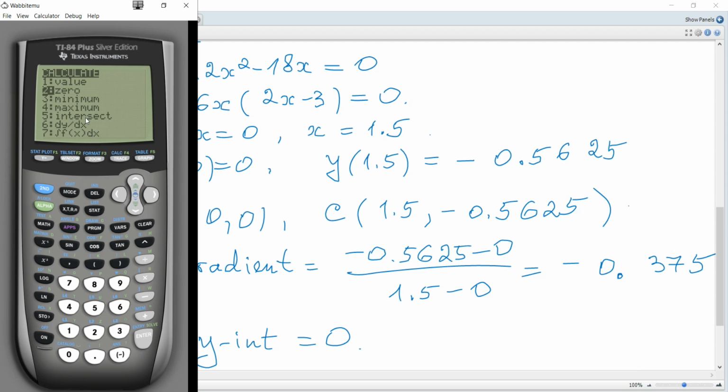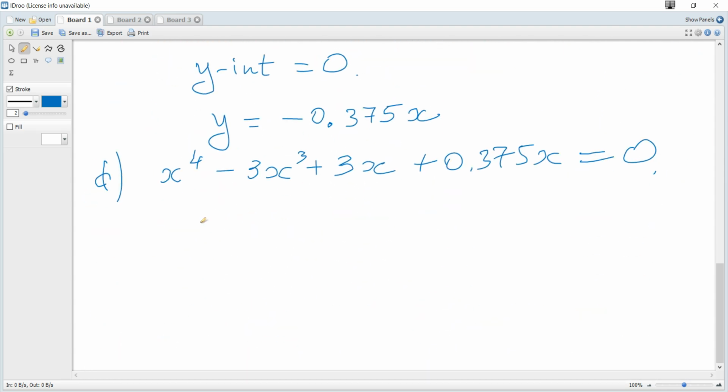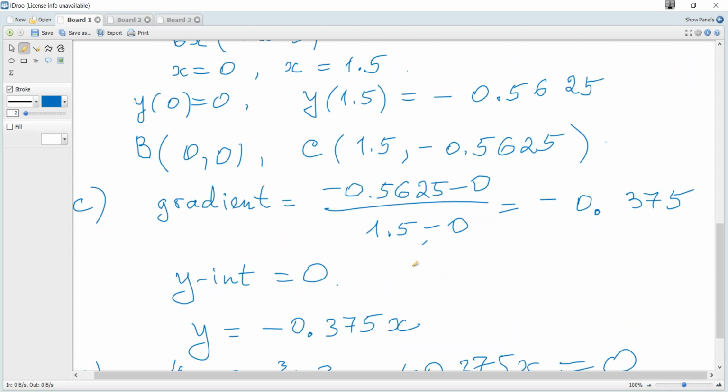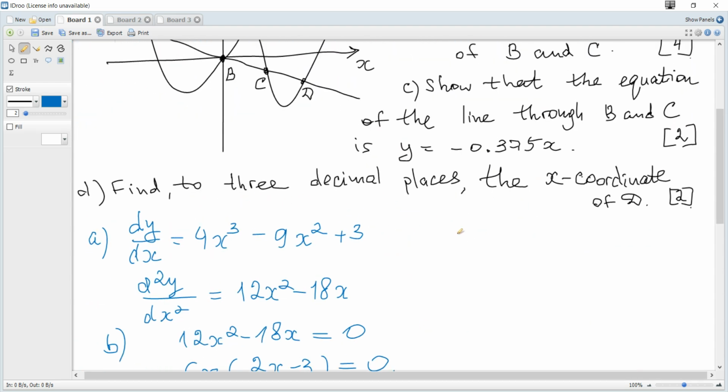If you use 2 graphs, you need to find the point of intersection, but I need zeros: left bound here, right bound here, guess here, and you can see that it's 2.427 to 3 decimal places. So the x coordinate of D is 2.427, as required to 3 decimal places.